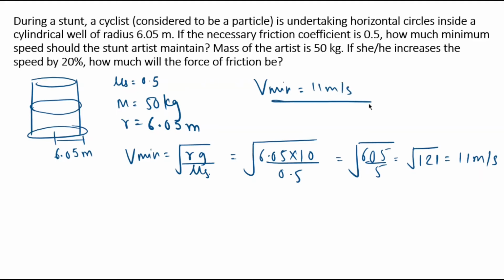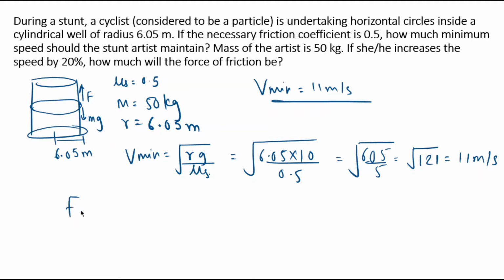What will happen if the speed is increased by 20%? How much will be the force of friction? So consider that if the cyclist is riding his cycle horizontally and it is maintaining an equilibrium, in order to maintain the equilibrium, the mg that is pulling him downwards will be equal to the friction force that is pulling it upwards because of the minimum speed.